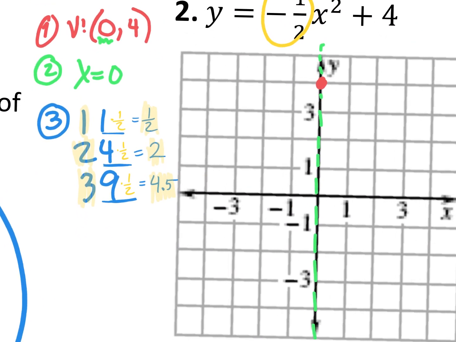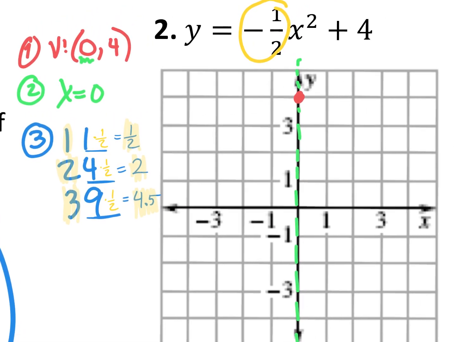So from that vertex, because it's negative, I'm going to be going 1 over halfway down, right? So 1 over halfway, and I'm talking perfectly halfway. So let's put a dot right there and go back to the vertex, and then now you're going to go 2 over 2 down.